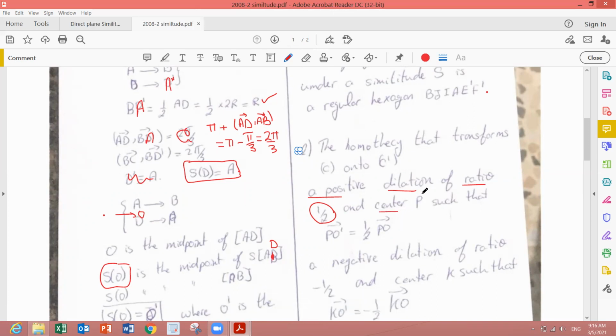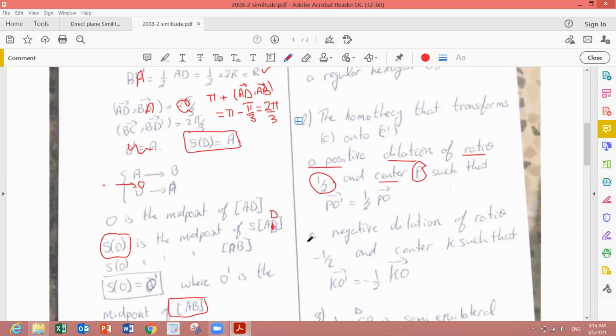For the center, I call this center any letter which is not found in the figure. I call it P. And center P such that PO prime equals half PO. Then the image of O is O prime.